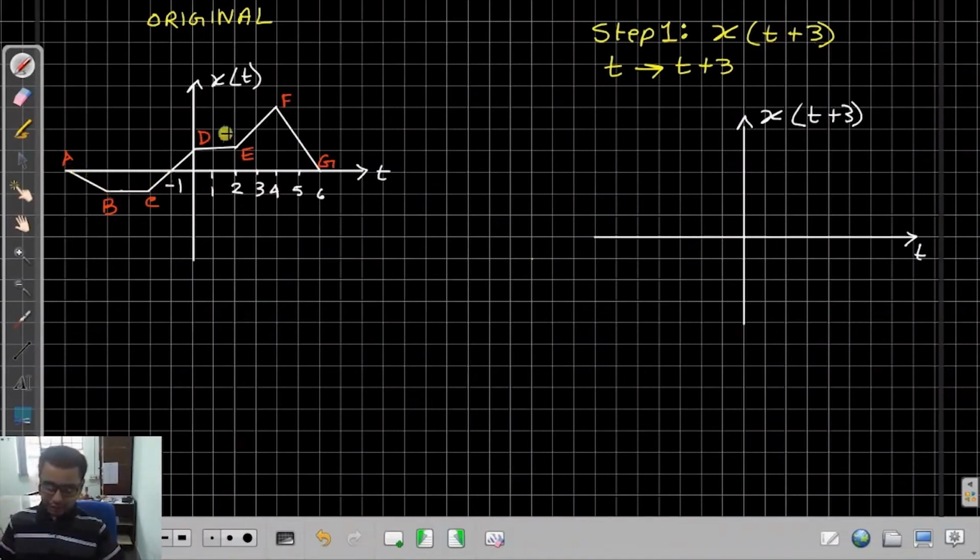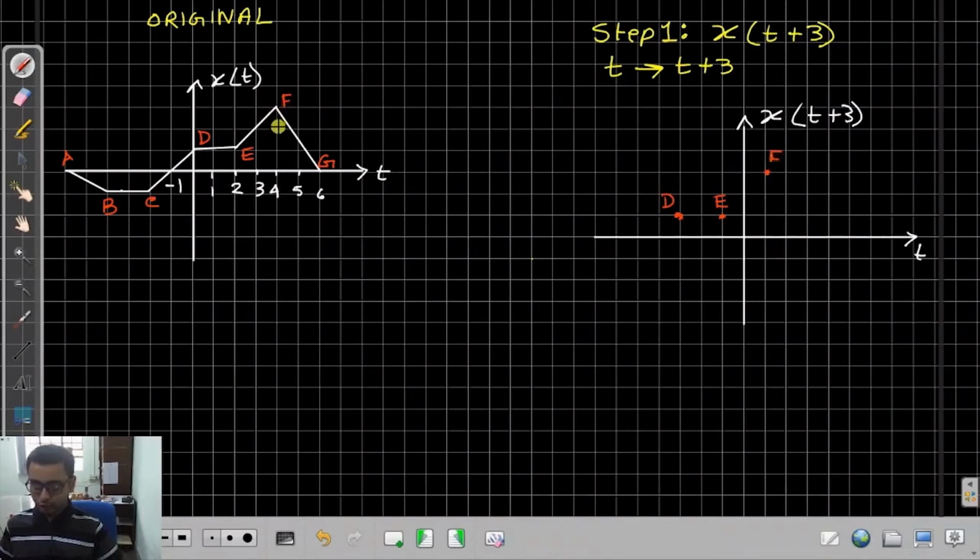So this graph will shift 3 units towards the left because this is positive. So this point D will come 1, 2, 3 here. So let me mark. Point D will come 1, 2, 3 here. Then point E will be here. This is D. This is E. Then point F will be here.